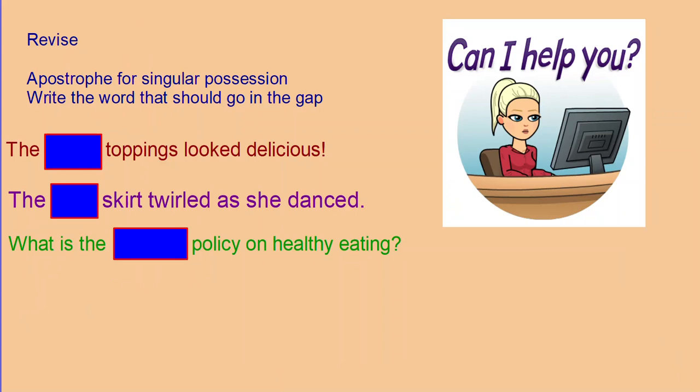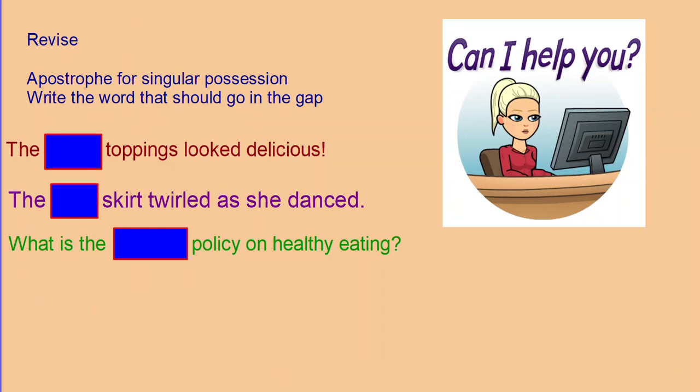That's the second one. And the third one: What is the school's policy on healthy eating? Okay, so those are your 3 sentences. You should have 3 words written down. I'm going to just give you a second.